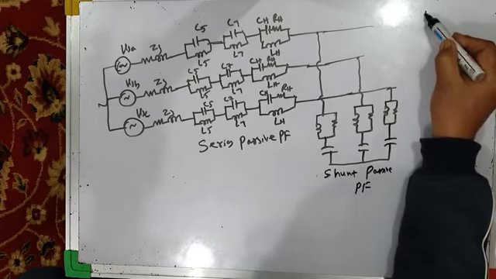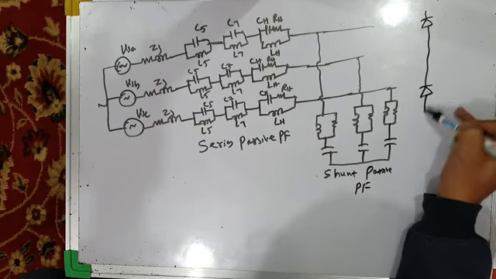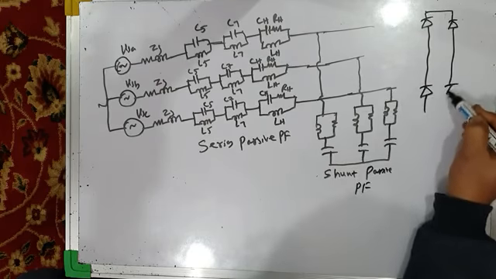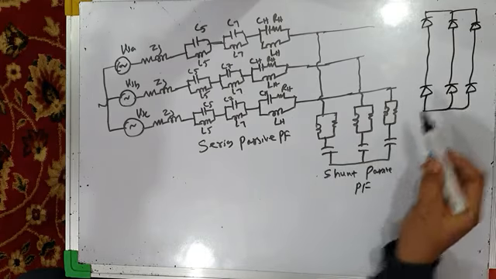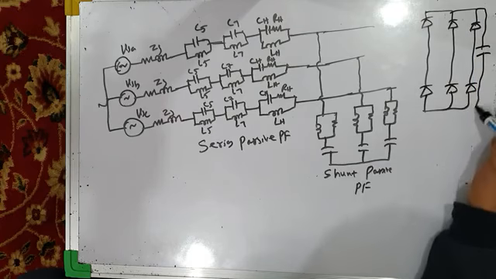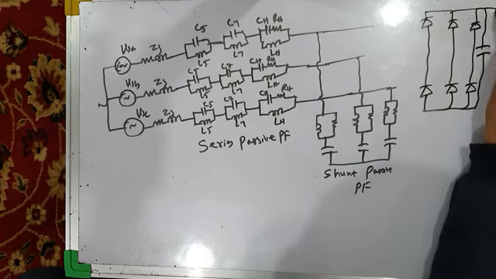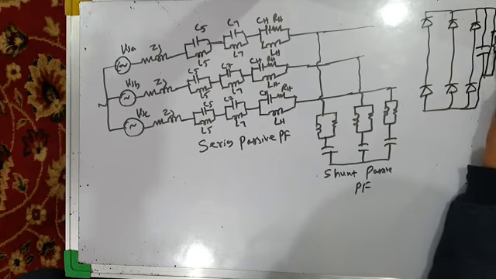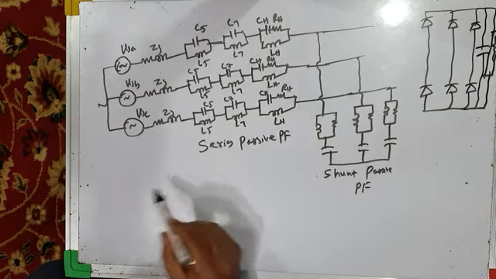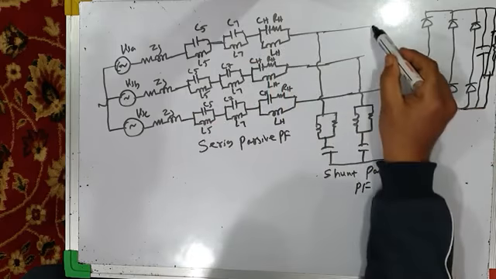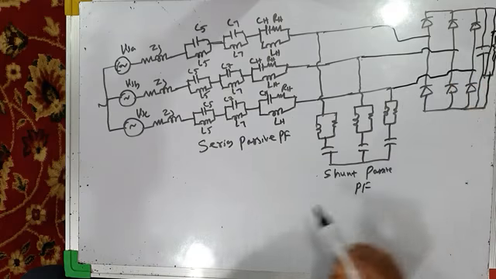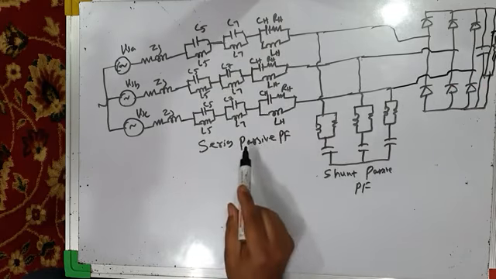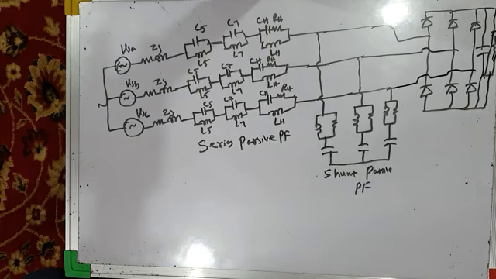And then you have three-phase non-linear load like this, say a three-phase diode bridge rectifier, which injects a lot of harmonics into the source current, which will be taken care of by this shunt passive power filter, and the source voltage is distorted, which will be taken care of by series passive power filter. So series power filter is passive, shunt power filter is also passive for three-phase, three-wire system.